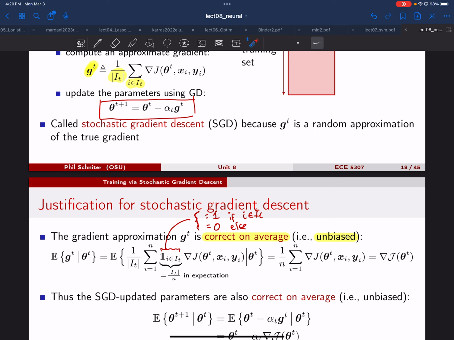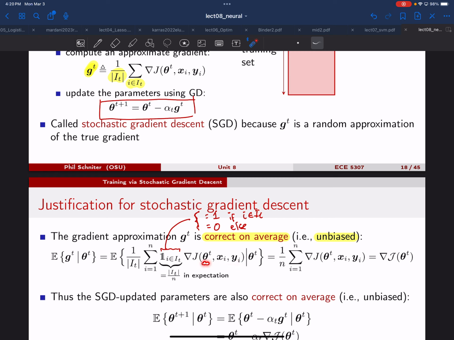Okay, is everybody with me on this indicator function? Is that making sense? Yes. So is this expectation considered in all the subsets too? This is going to be an expectation over everything random except for theta t. So basically, the training data is not random because I just have like x1, x2.